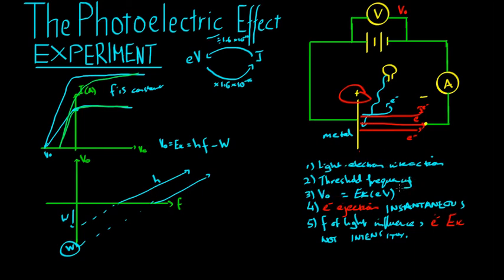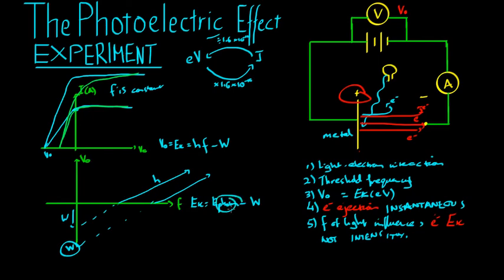Since only light past a certain frequency can eject electrons, that means the electron energy, Ek, was equal to the photon energy, take away some kind of work function value, some kind of energy needed to escape the metal. So if our photon energy is not bigger than this work function, the kinetic energy will be zero. We won't be able to eject the electron.